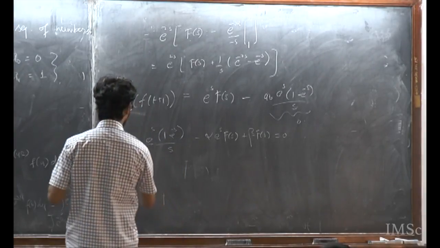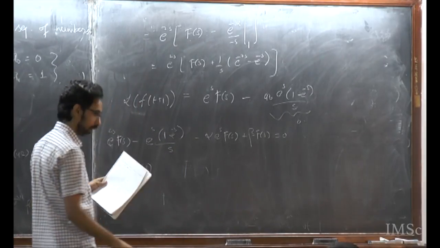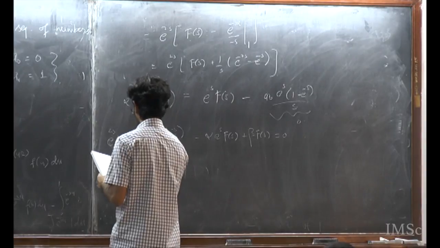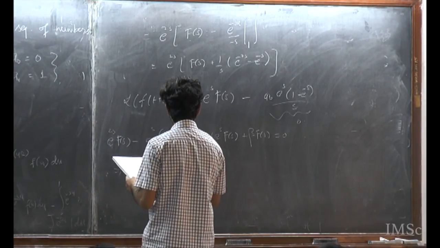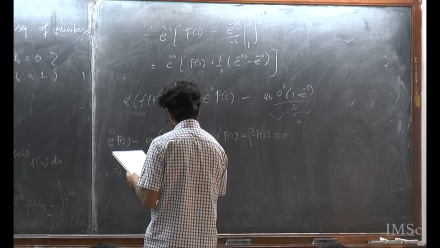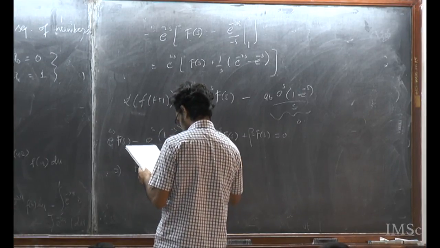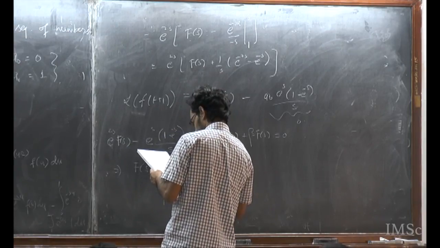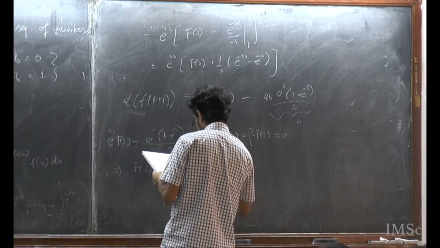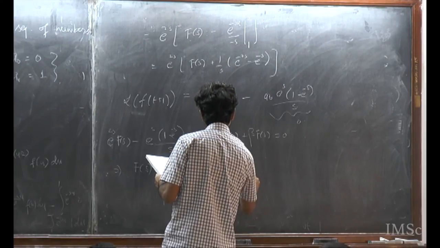Then the solution I just write down directly. The solution is e to the s (1 minus e to the minus s) by s, times 1 over (e to the 2s minus alpha e to the s plus beta).